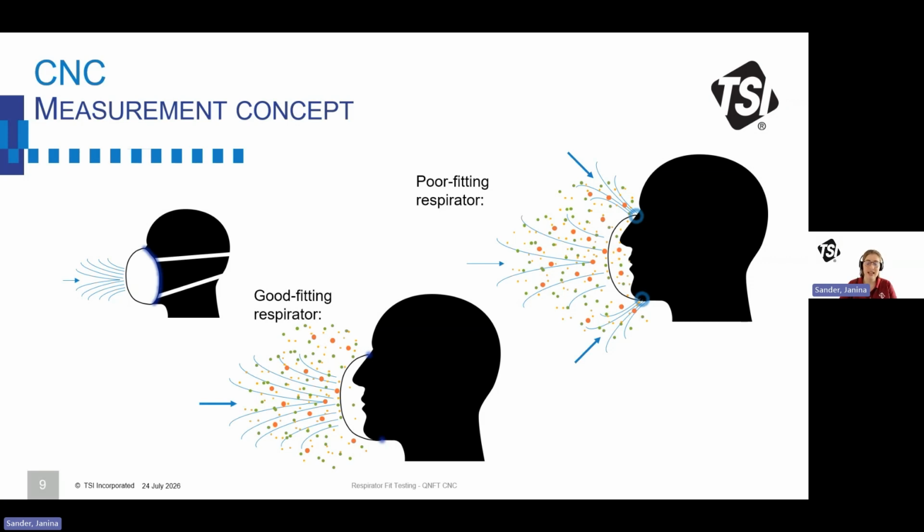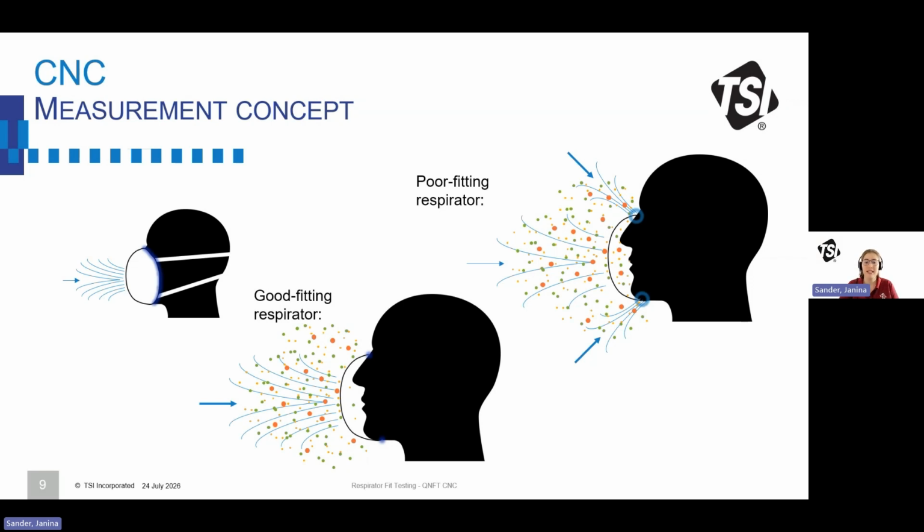This is what we are using in the CNC technology, with particles as measurement fluid. So you can also use it for fit testing respirators that are used against gas hazards. We are just using the particles for our measurement as a fluid.